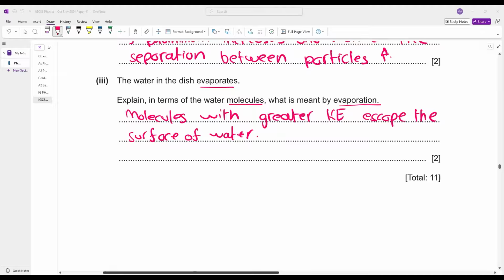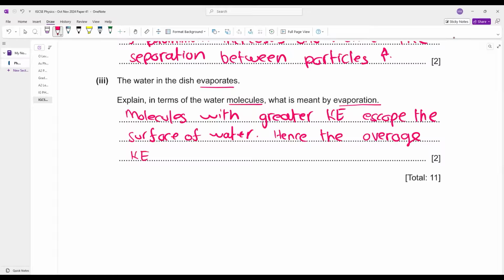Molecules with greater kinetic energy escape from the surface of water. Hence the average kinetic energy of water molecules decreases. Hence the temperature decreases. ठीक है. Temperature का पूछा नहीं है, but we will write it just to be over smart.